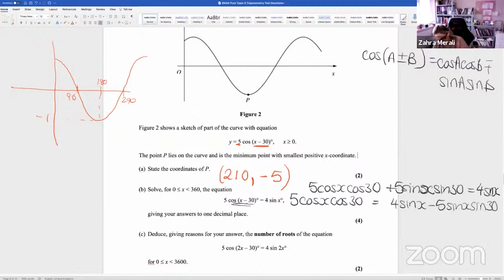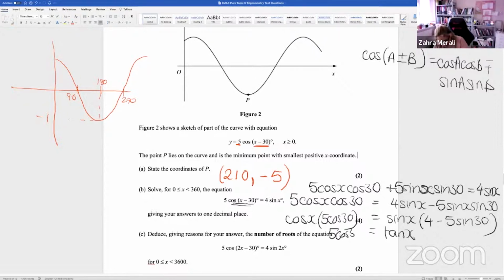If I take sine x outside a bracket, I get 4 minus 5 sine 30. And on this side, if I think about it as cos x outside the bracket, I've got 5 cos 30. I know that sine over cos is tan. So then tan x is the same as 5 cos 30 over 4 minus 5 sine 30.